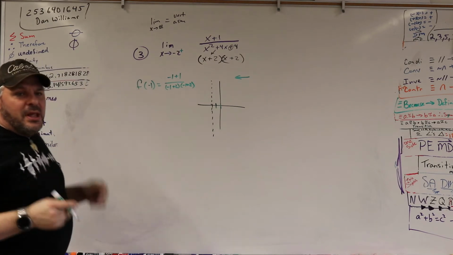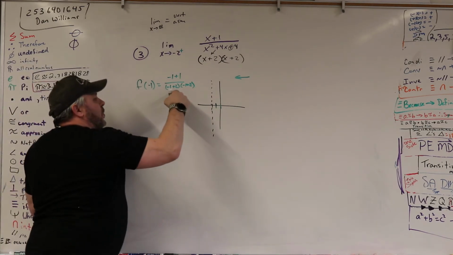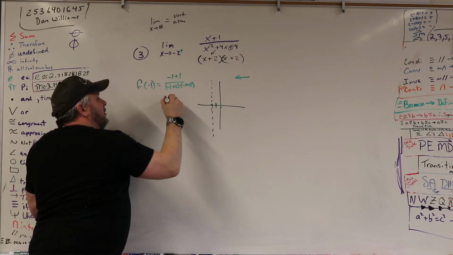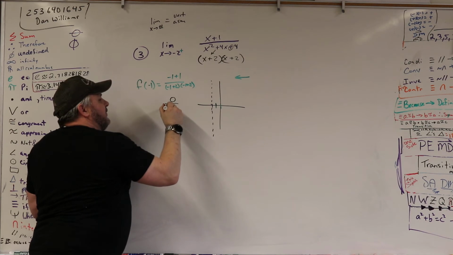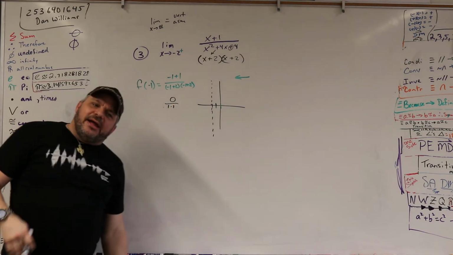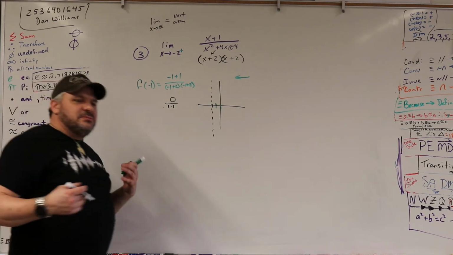And what's -1 plus 2? 1. So that would be 0 divided by positive 1 times 1, which is 1, but it's all 0, because 0 divided by 1 is 0. Does that make sense?